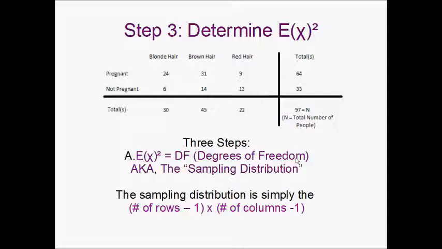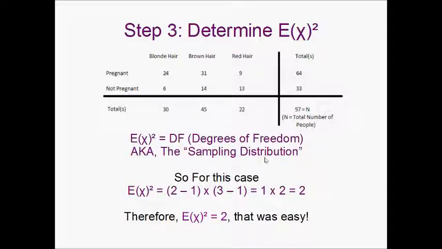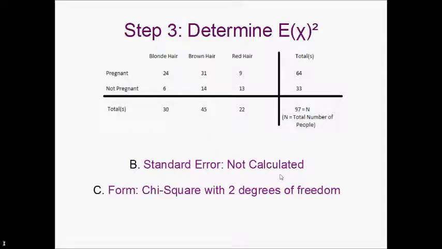The formula is simply the number of rows minus 1 multiplied by the number of columns minus 1. For this case, we have 3 columns and 2 rows, so we go 2 minus 1 times 3 minus 1, which is 1 times 2 equals 2. Therefore, our expected frequency is 2, and that's how you do it. Fairly simple. So that's part A.